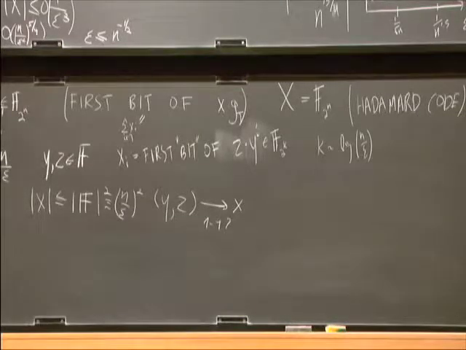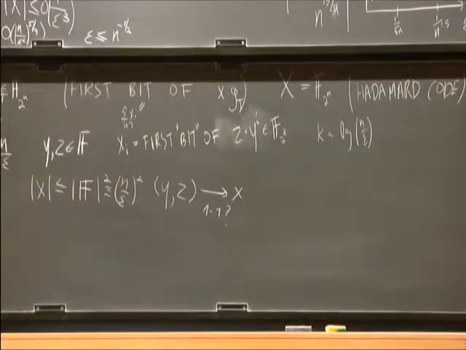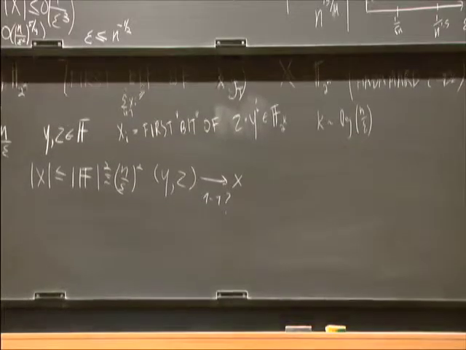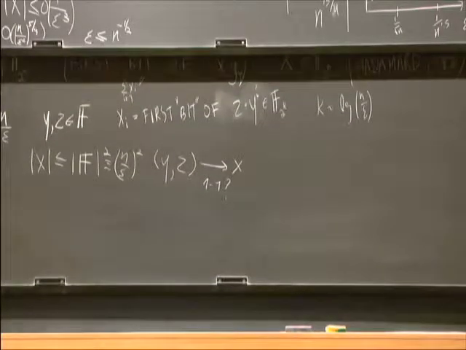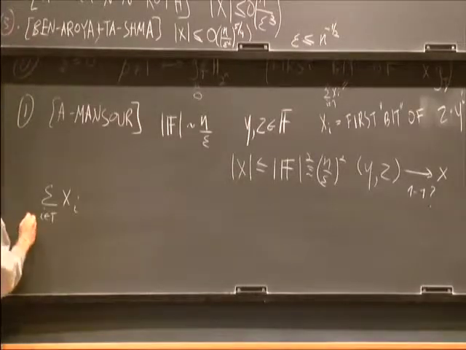Okay, so it's clear what the definition of the set X is. Now why does this construction work? The analysis has two steps, and I will try to explain why it's natural to have two steps. So what is the sum? We want to show that this is 0 and 1 with probability 1/2.